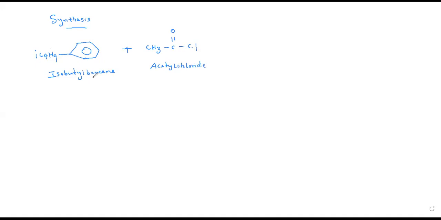So isobutyl benzene reacts with acetyl chloride in such a way that this chlorine, as it is highly electronegative, gets a negative charge, and one of the hydrogen atoms from isobutyl benzene combines with Cl minus to liberate HCl as a byproduct.